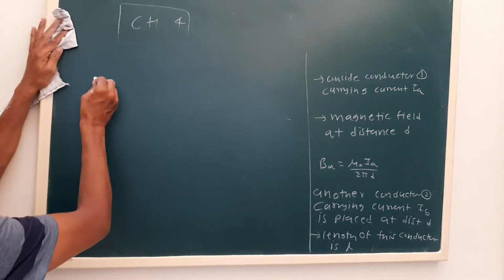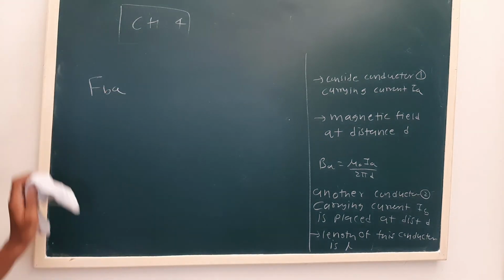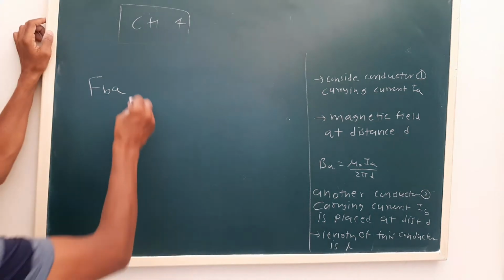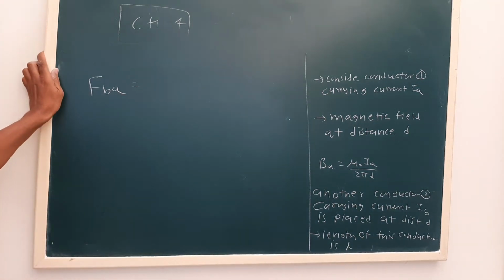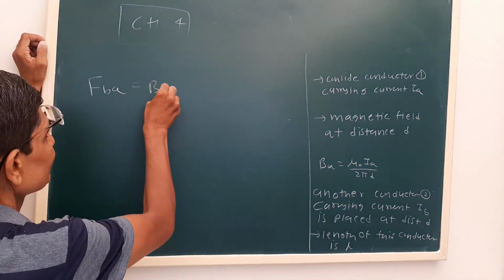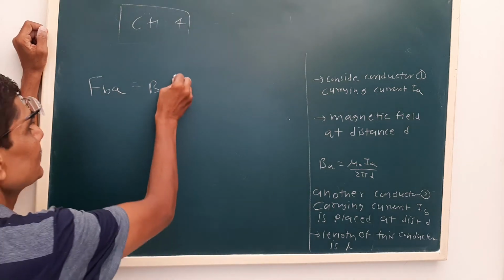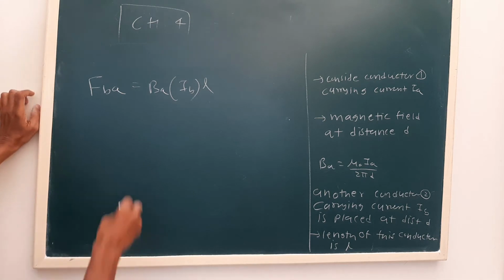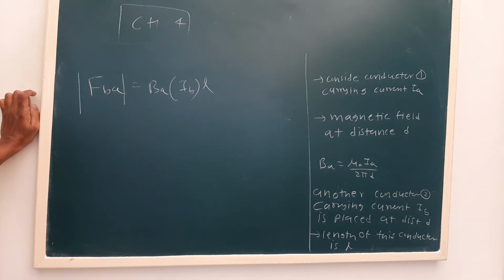That is FBA. We use the equation BIL, where BA is the magnetic field produced, IB is the current in the second conductor and L is the length. Right now we write only the magnitude part.